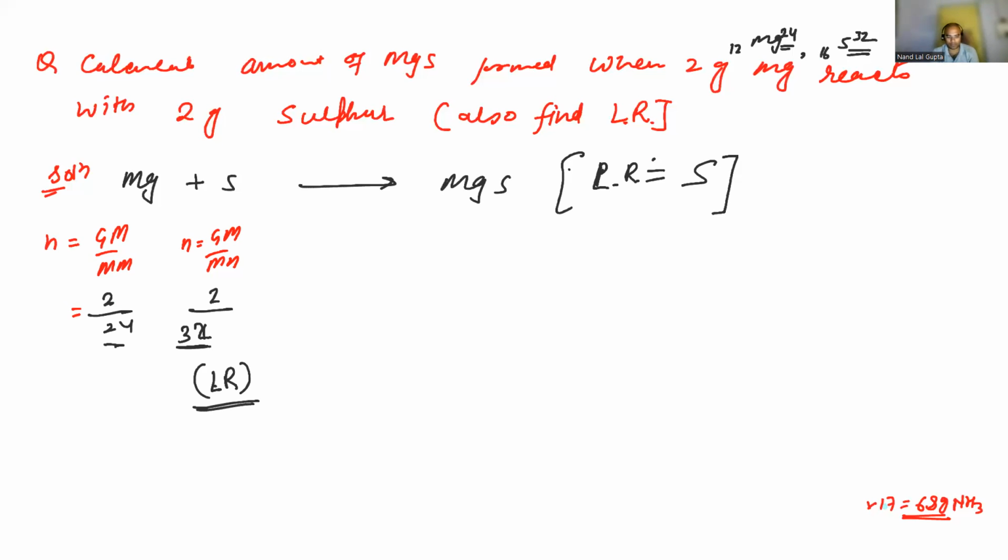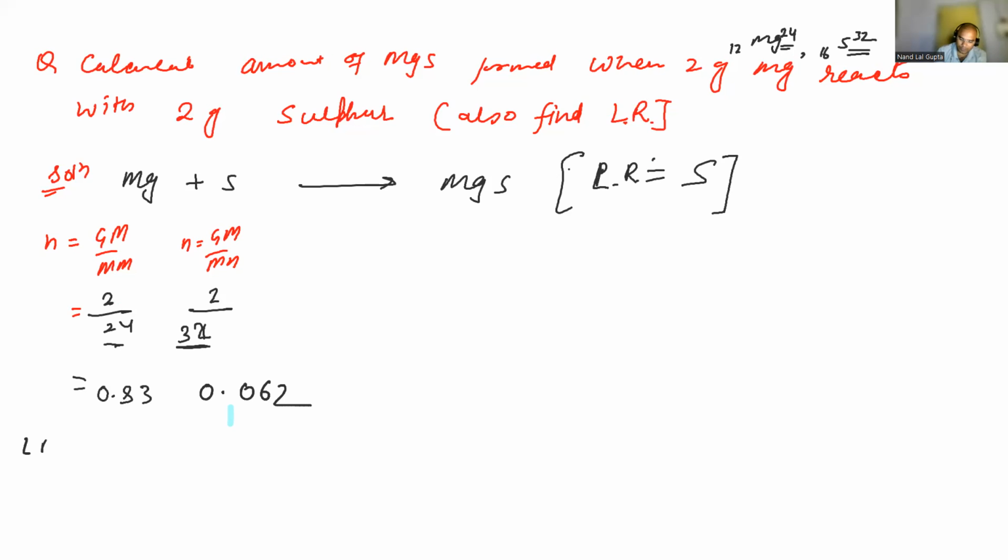Now let me calculate the moles. 2 by 24 is 0.083, and the other one is 0.062.